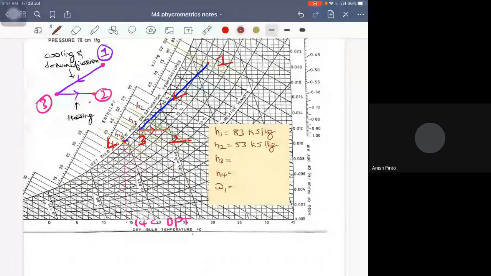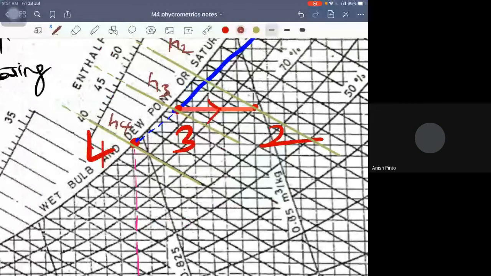Now H3. How much? 48, or 47. What do you think? 47.